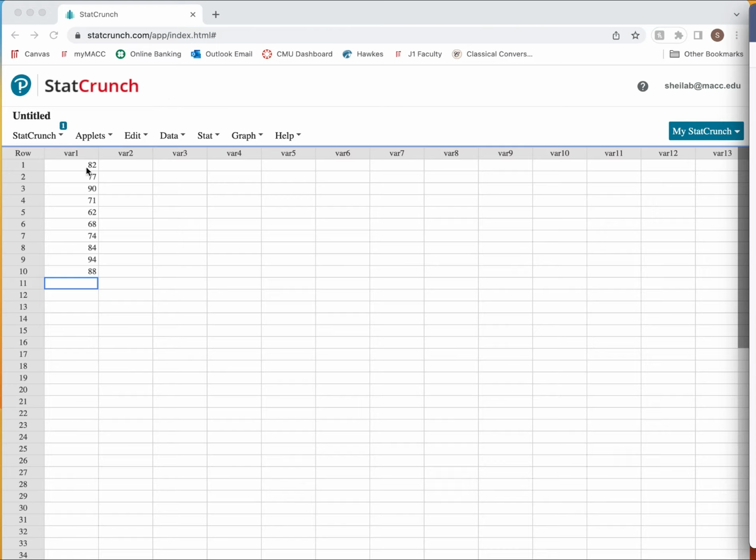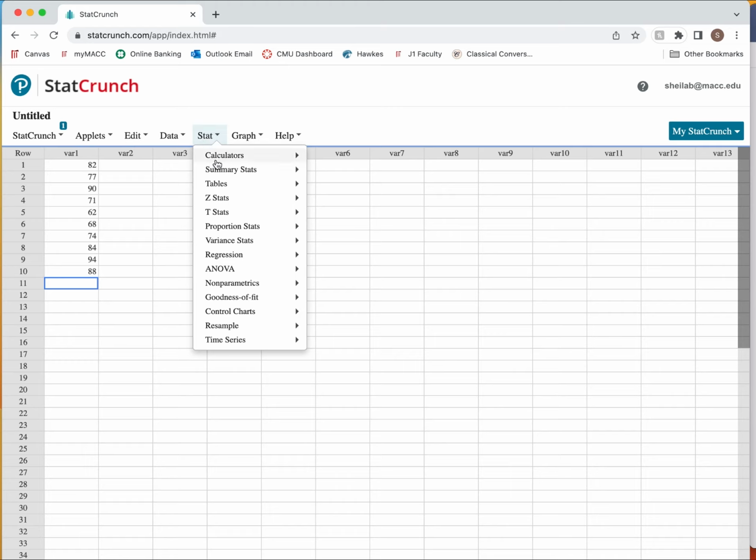Once you have your data values in there, and it'll automatically import in, here are the steps for StatCrunch. You are going to click Stat. Everything we do in this class is going to be under Stat. So it's Stat, then Summary Stats, and Columns.